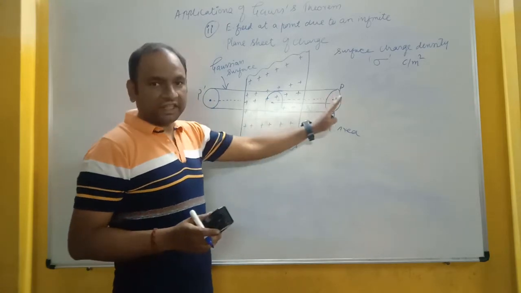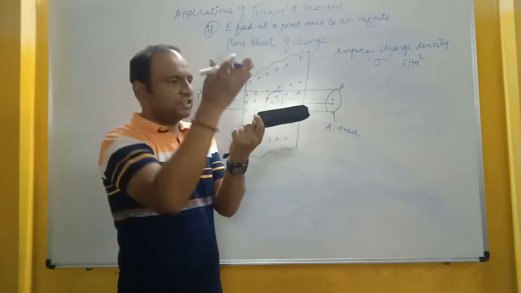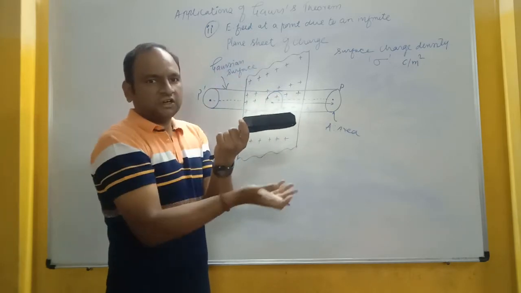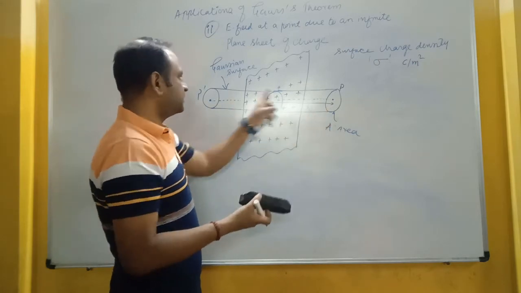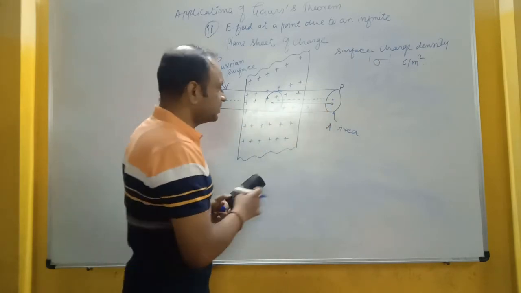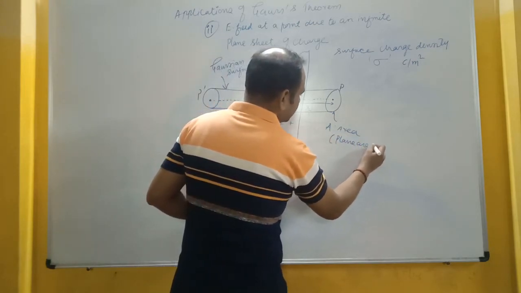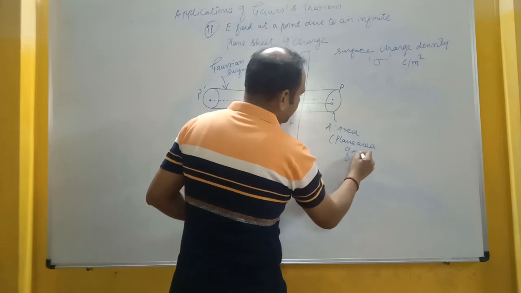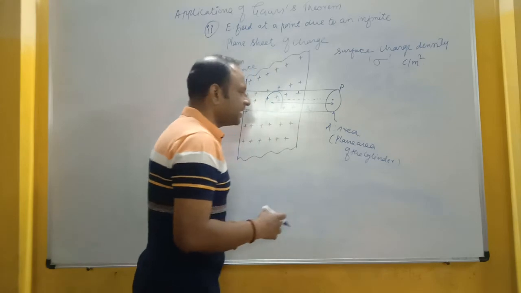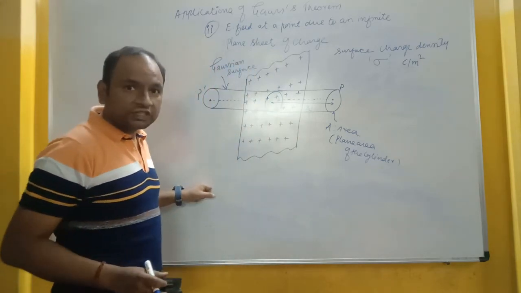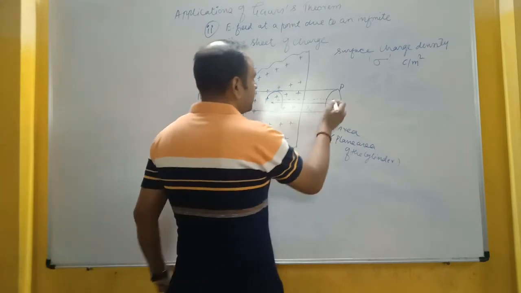If I consider this as my cylinder, then this would be the curved part, and these two are the plane surfaces of the cylinder. So this is the plane area of the cylinder, not the curved surface area, which is my Gaussian surface.